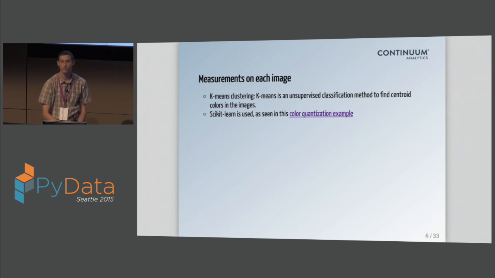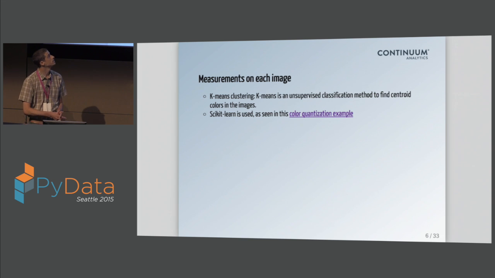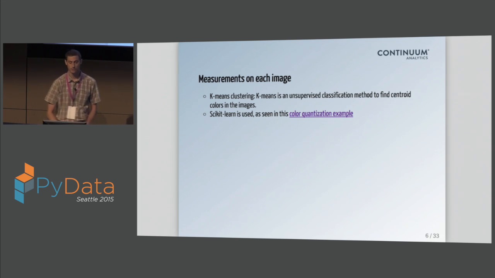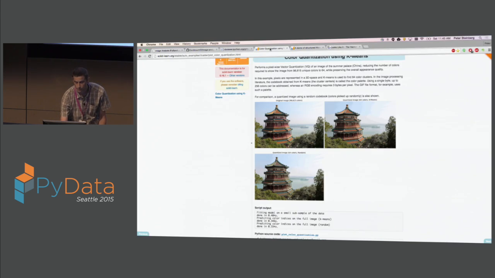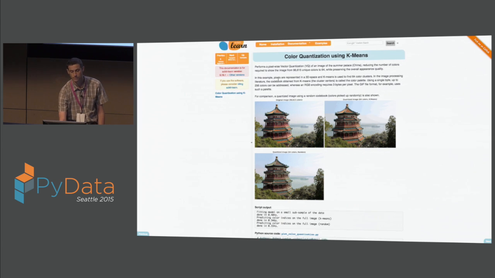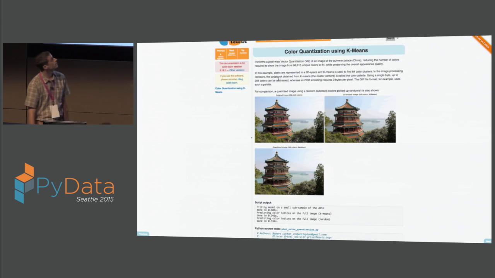So to go through some of the measurements that we're doing on each image, we're doing k-means, which is an unsupervised clustering algorithm. And there's good documentation for the function we're using from scikit-learn right here on the color quantization example.